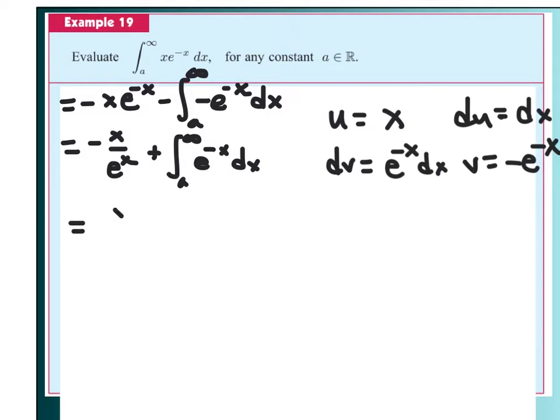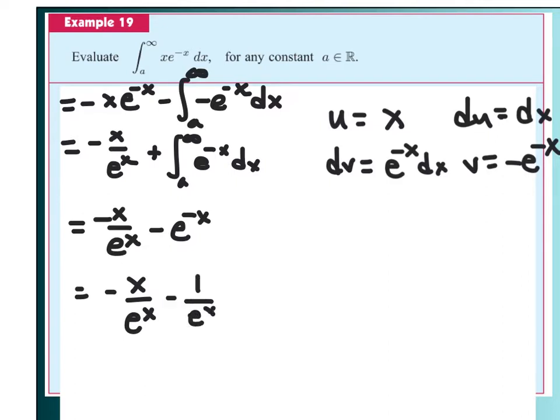So I get negative x over e to the x minus e to the negative x. And I'm going to do one more thing here. Negative x over e to the x, and I'm going to turn that into negative 1 over e to the x. And I'm going to evaluate that from a up to infinity.